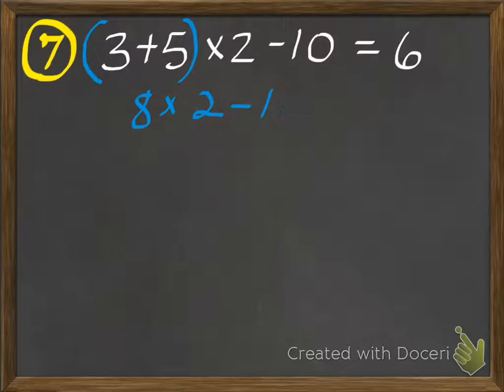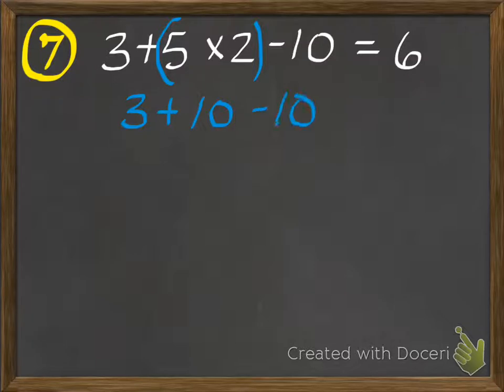If I had put the parentheses in a different place, let's say right here, around 5 times 2, I should get a different answer. Let's see if I get a different answer. 5 times 2, got to do that first because it's within the parenthesis. 5 times 2 is 10. And I rewrite the rest of the problem around that.